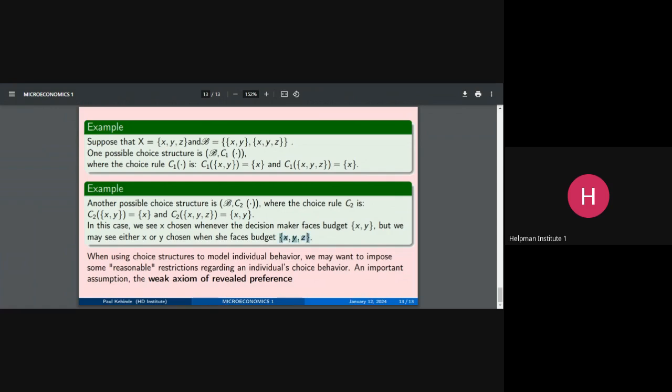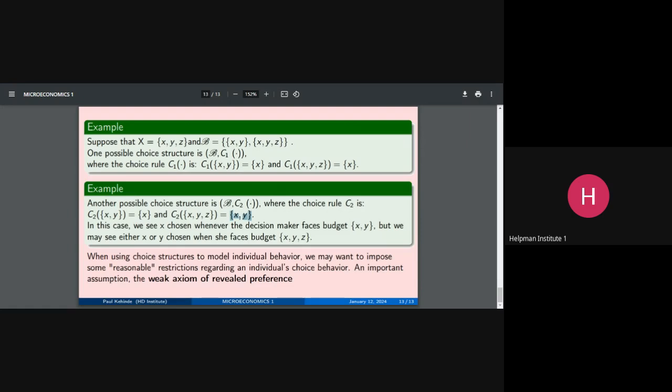So when you use this choice structure to model behavior, we may want to impose some reasonable restriction regarding this choice. That will lead us to what we call the weak axiom of revealed preference. In the first choice we've revealed our preference to be X, while in the second choice we reveal our choice to be X, Y. So, once we've revealed a certain preference, we cannot make other choices anymore.